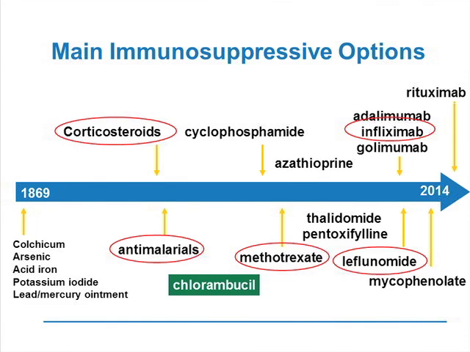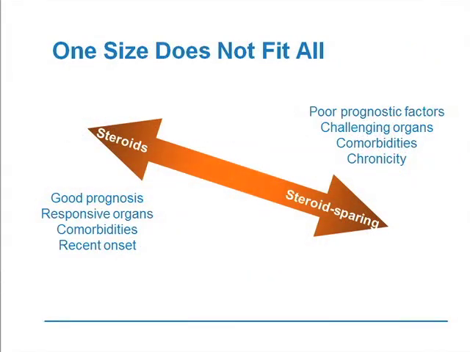When considering the choice of initial therapy, it's important to consider the chronicity of the disease, the prognosis, the manifestations and their expected response to therapy, as well as the patient's comorbidities.